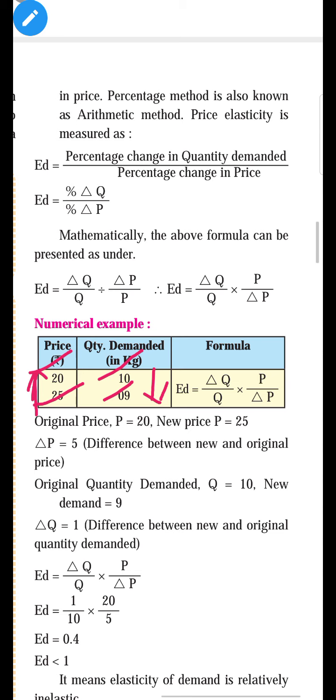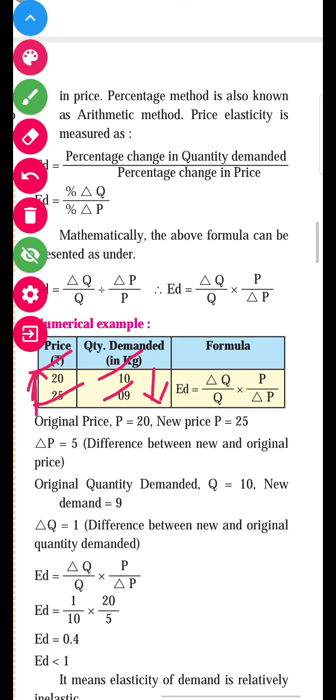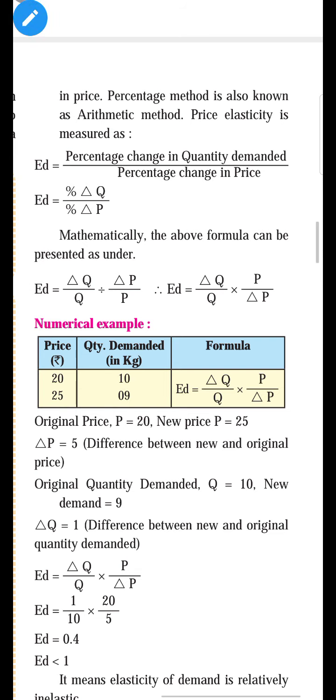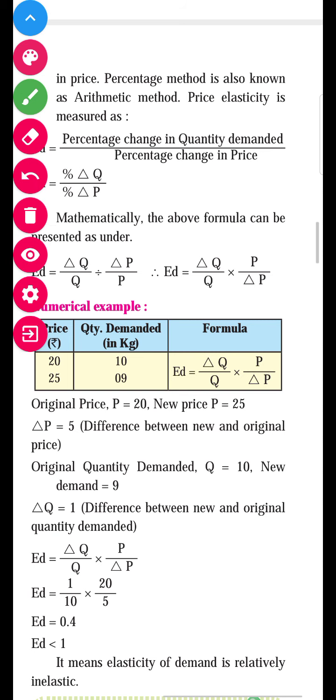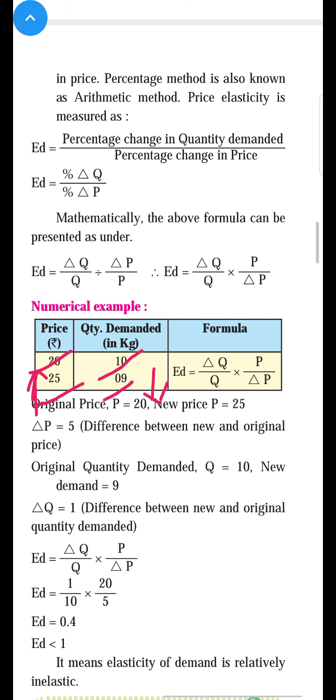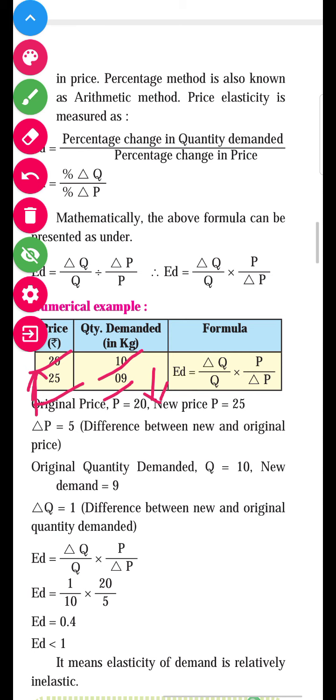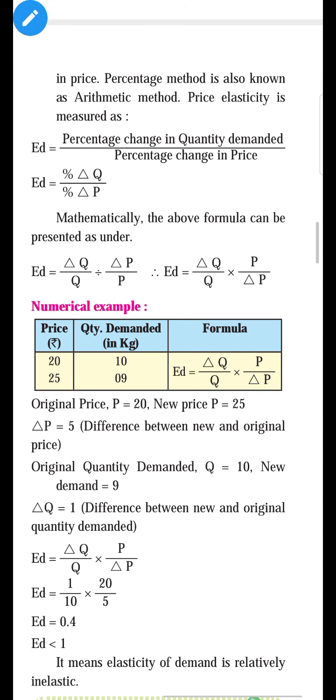So apply the formula. Before applying the formula, let us find out the values. The original price of the commodity is 20 rupees, and the original demand is 10 kg.